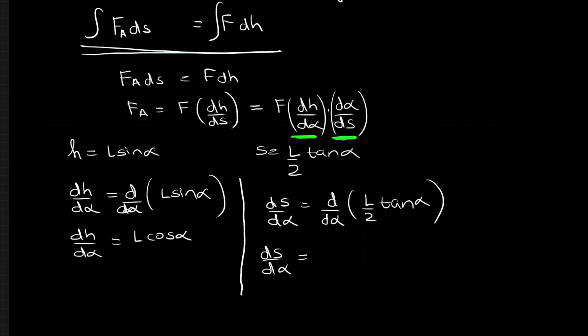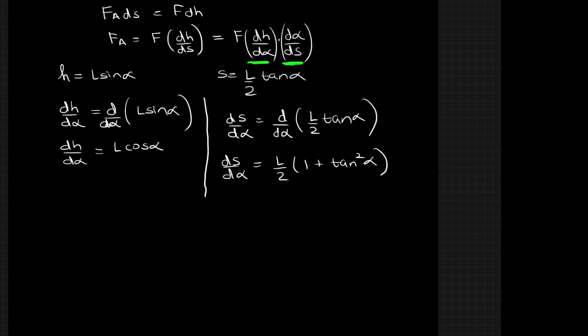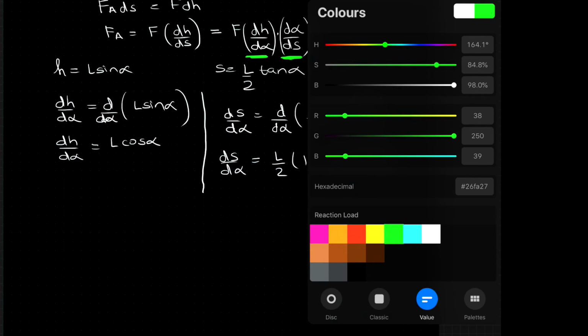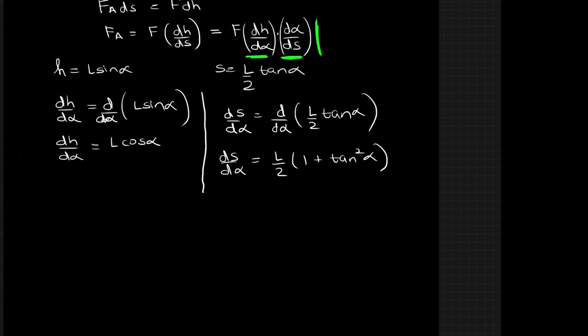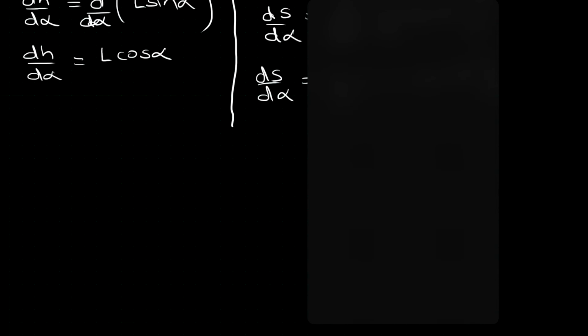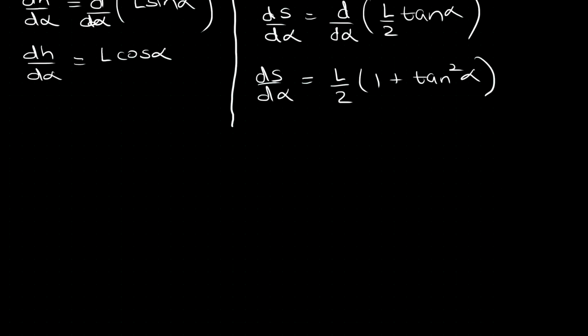So ds by d alpha becomes L on 2 times 1 plus tan squared alpha. But we're not finished there, because what we needed was d alpha by ds, and what we've got is ds by d alpha. So to work out d alpha by ds, all we have to do is take the reciprocal. So d alpha by ds is equal to 2 on L times 1 plus tan squared alpha.